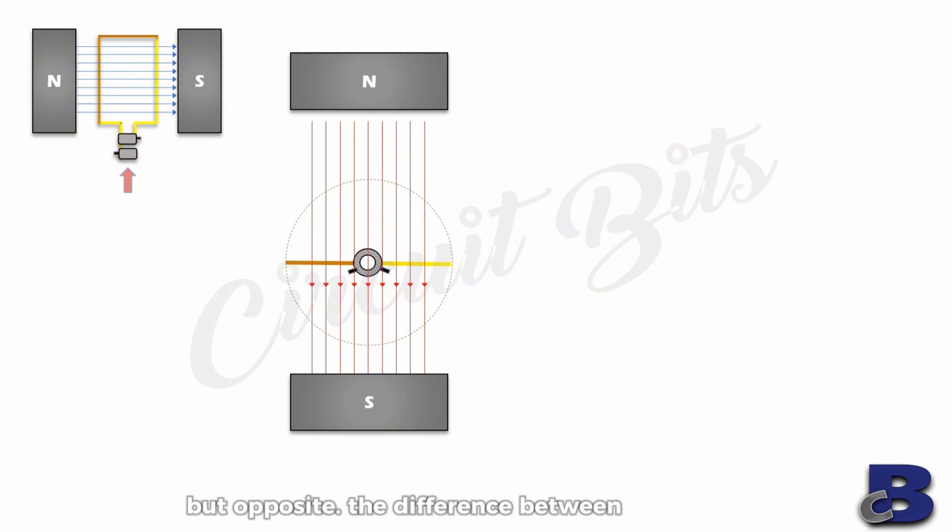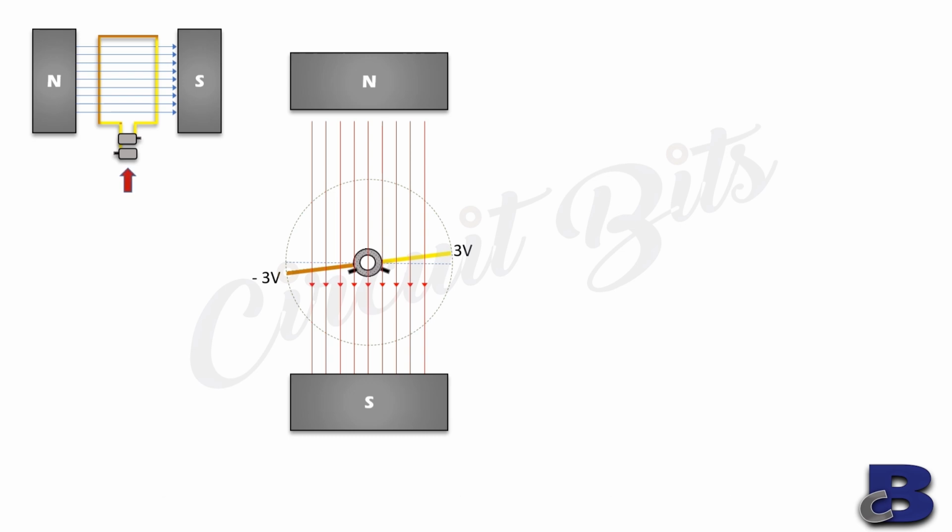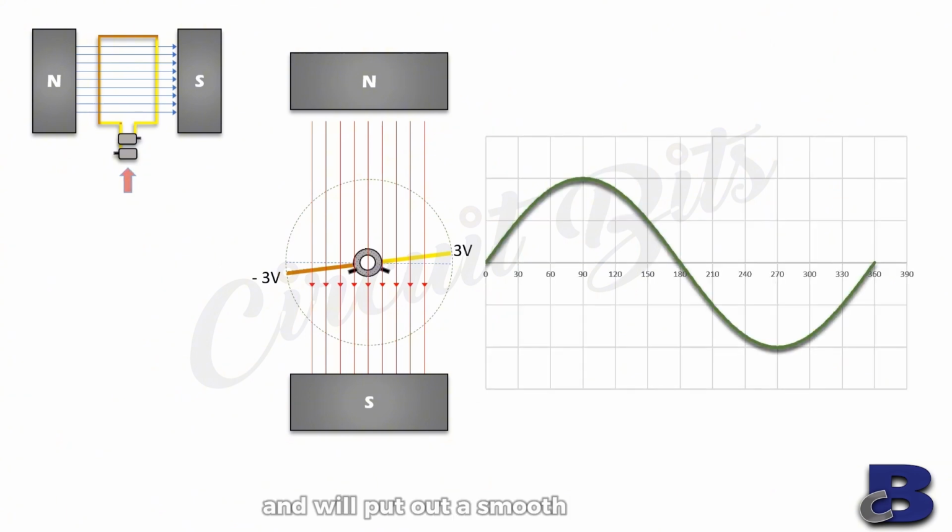The difference between these voltages is what is experienced across the brushes. In other words, if the coil moves to a position where 3 volts is induced on one side, minus 3 volts will be induced on the other side. The difference between them will be 3 minus (minus 3), which equals 6 volts. This voltage is given across the brushes and will put out a smooth sine wave if considered over time.